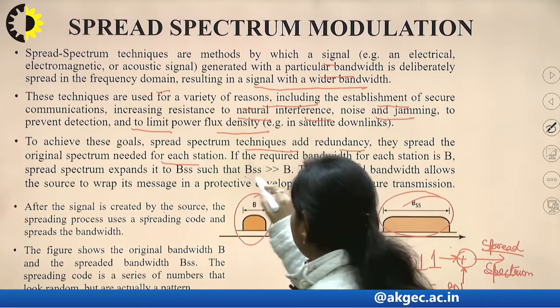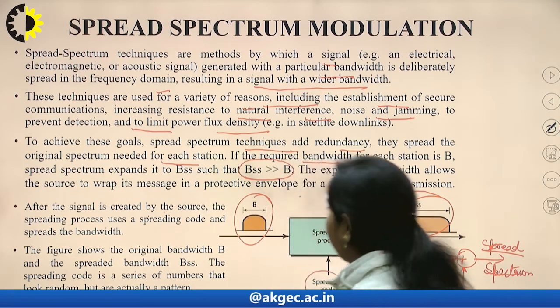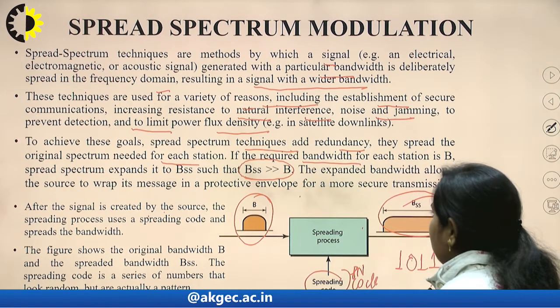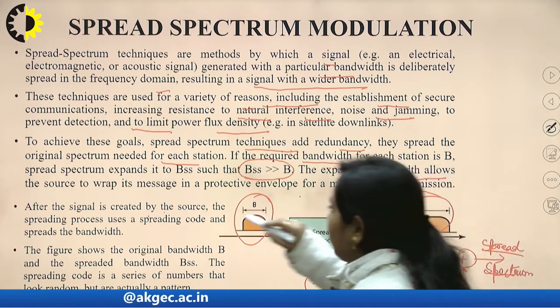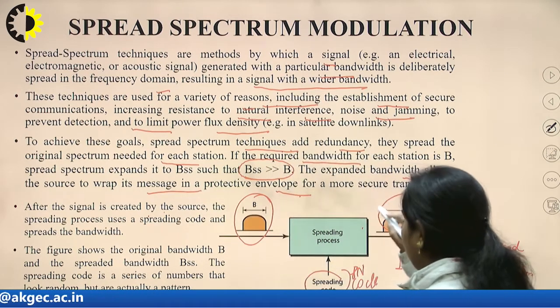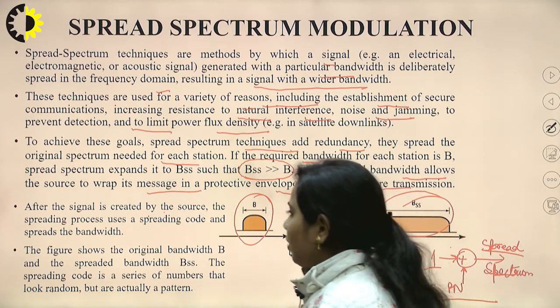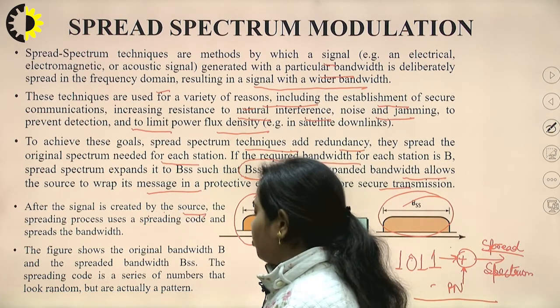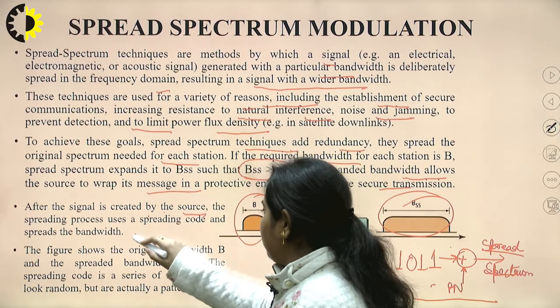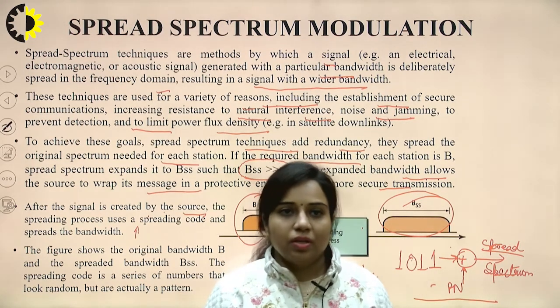You can clearly see that the bandwidth of the spread signal is quite large compared to the bandwidth of the original signal. The expanded bandwidth allows the source to wrap its message into a protective envelope for a more secure transmission. After the signal is created by the source, the spreading process uses a spreading code and spreads the bandwidth of the signal.